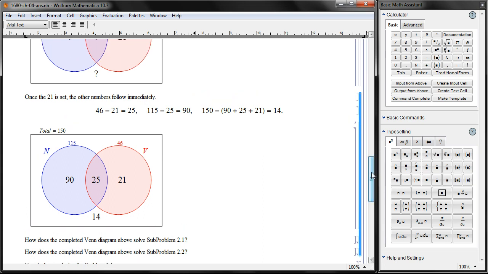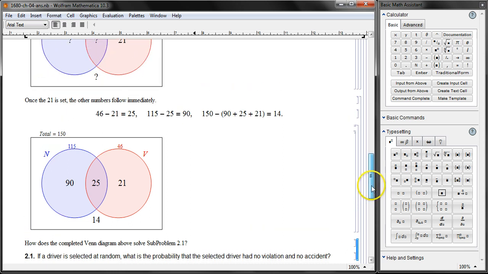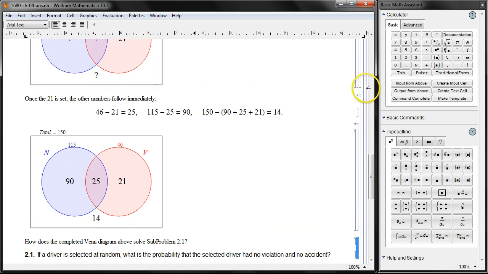Now that we completed the Venn diagram, how do we solve problem 2.1? If one driver is selected at random, what is the probability that he or she had no violation and no accident? No violation, so it should be outside V, and no accident, so it should be inside the N circle.